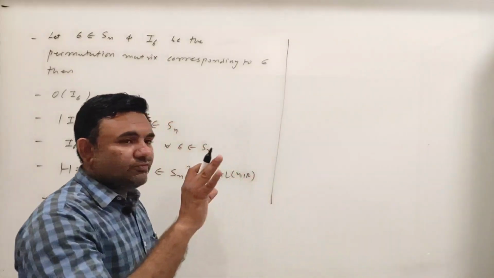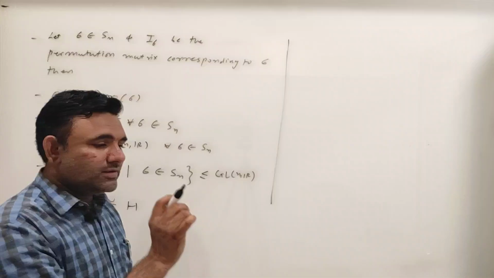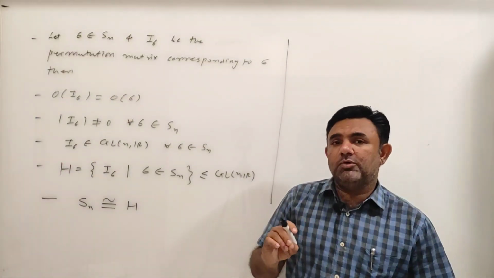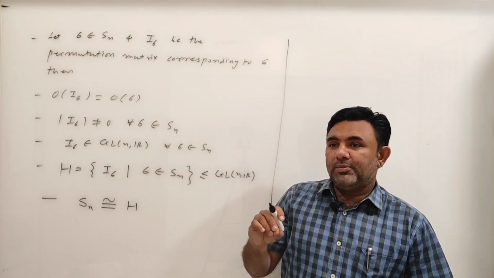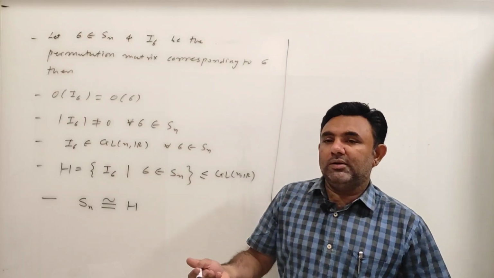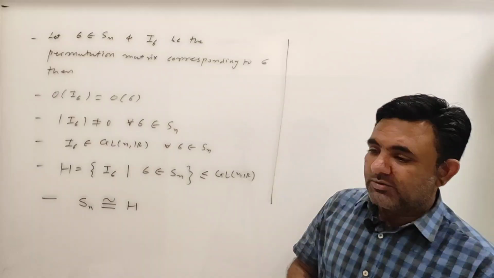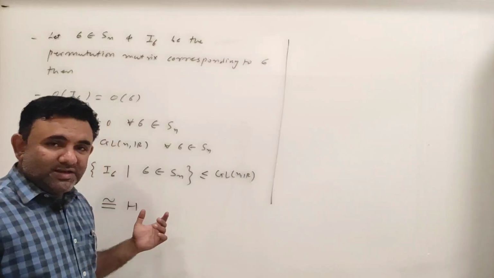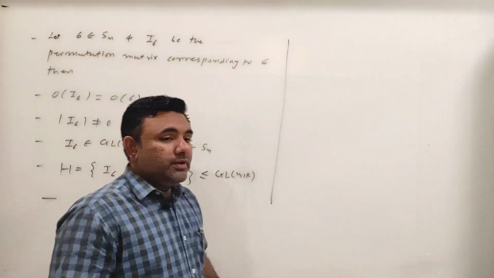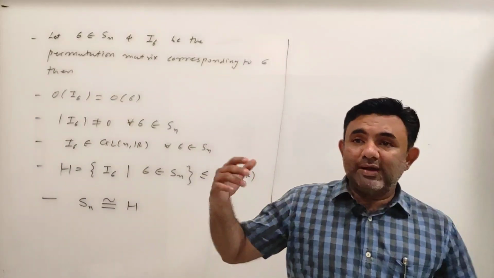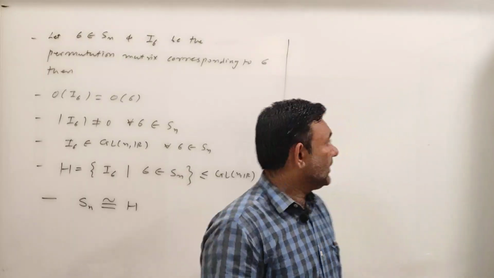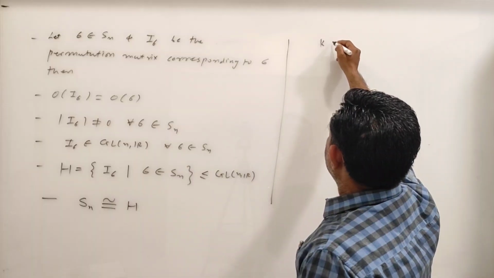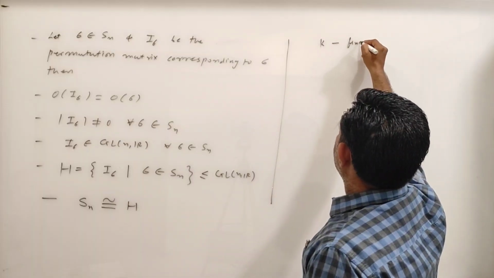If I consider a finite group, then every finite group is isomorphic to a group of permutations, and when my group is finite, that group of permutations I denote by Sn. So every group is isomorphic to a subgroup of Sn. Consider K to be any finite group.